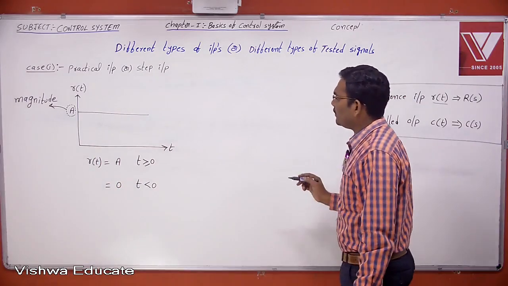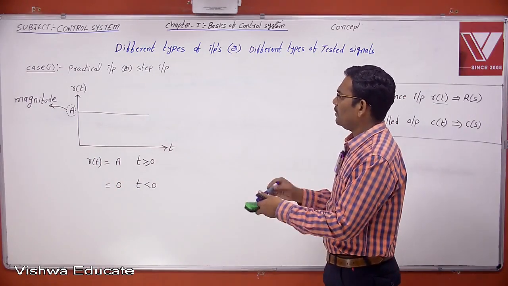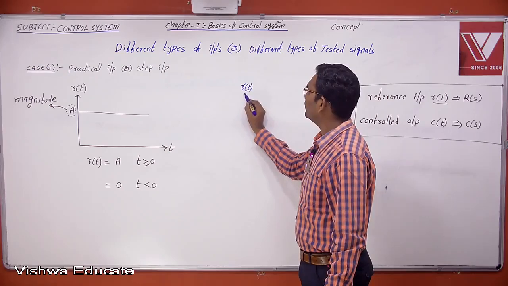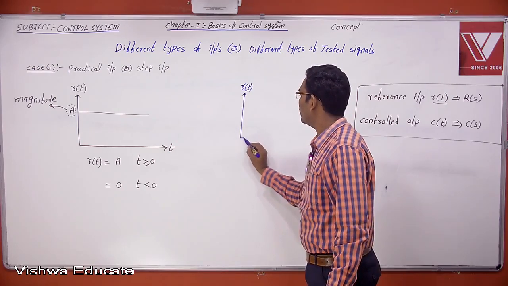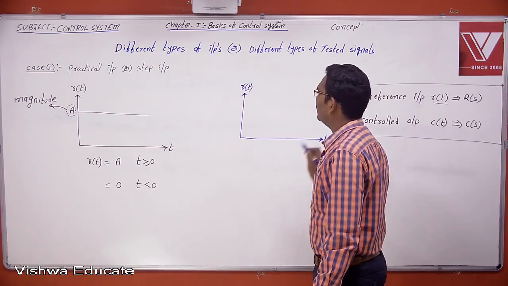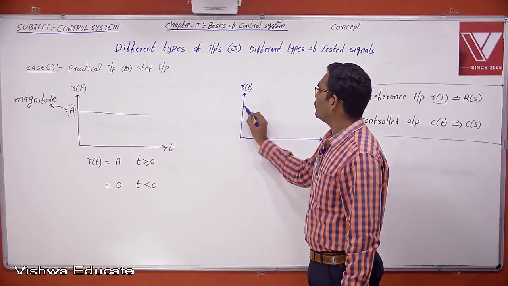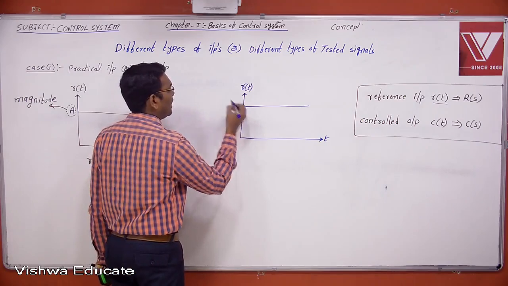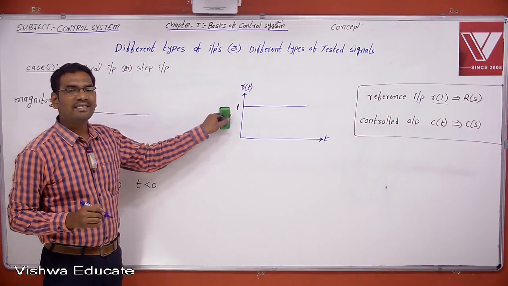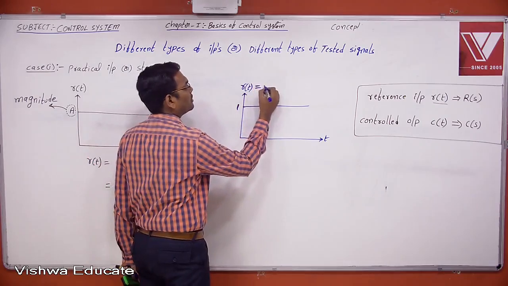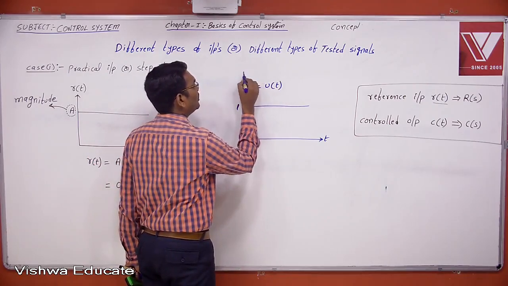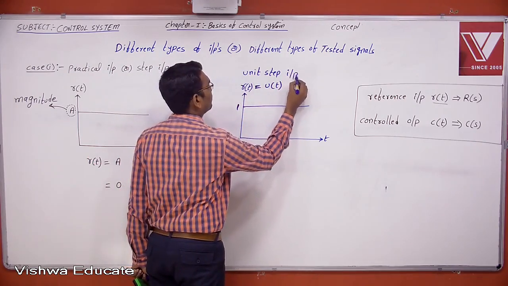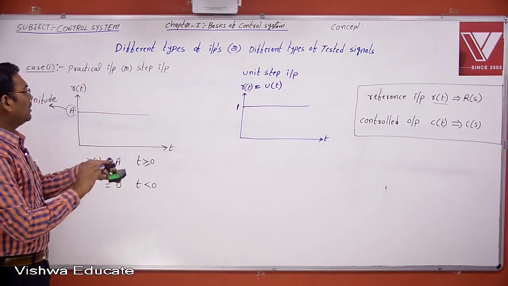Now see here, if this reference input, the same practical input only, has a magnitude that is also constant, but this magnitude is exactly equal to 1, then this reference input is called unit step input.